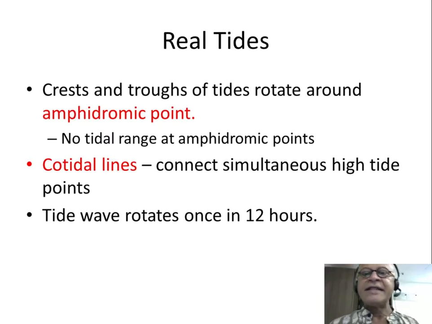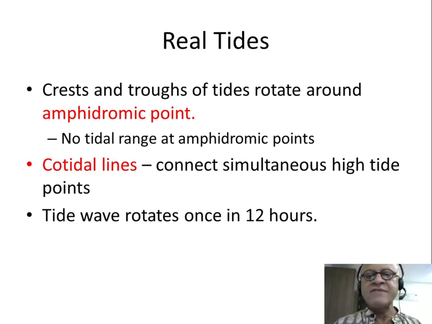Okay, and it involves cotidal lines, which means from the amphidromic points you get the same tidal range along lines going out from the amphidromic point to the coasts. And those cotidal lines rotate, and the direction of rotation depends on the hemisphere, as always, right?